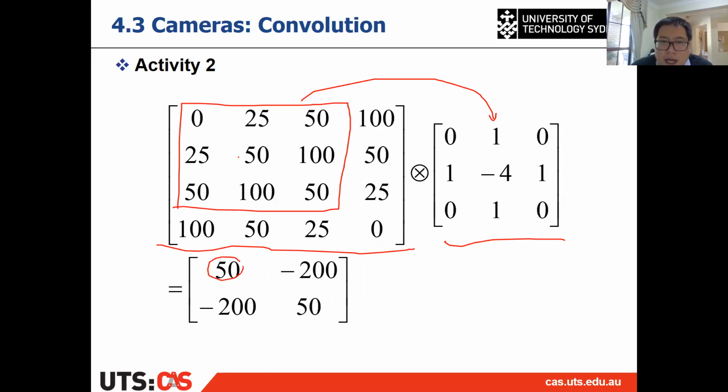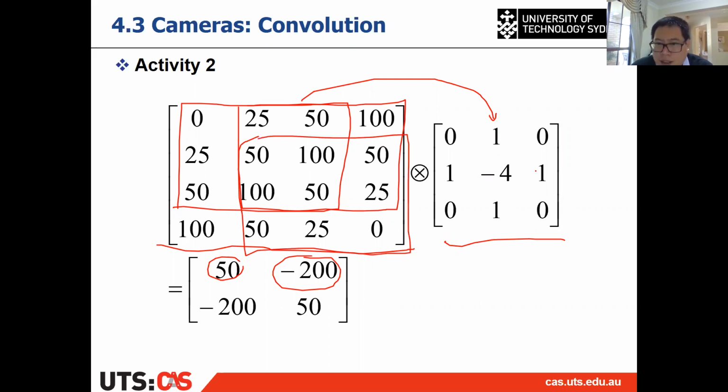And after that, you shift it to the right, you calculate another part of the image, which still has the same size as the kernel matrix, and you get a value and put it there. And you shift it down. You also have a 3 by 3 matrix on the image, and you apply the kernel matrix.